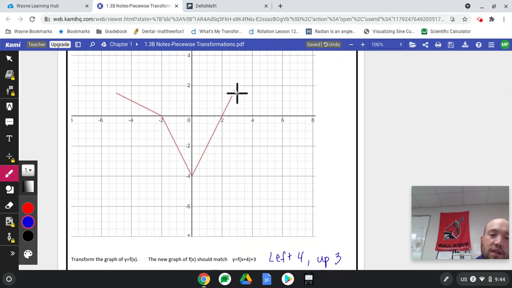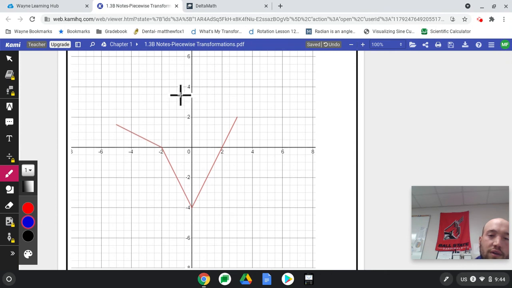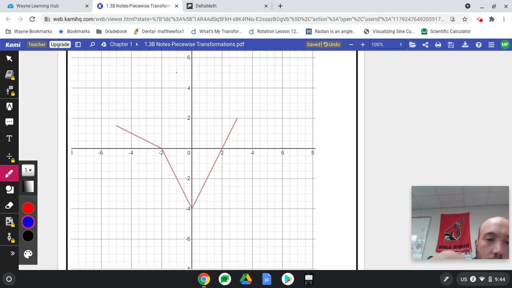So now, once again, we grab any of these points. So we'll start here. Left 1, 2, 3, 4. Up 1, 2, 3. Next, down here, left 1, 2, 3, 4. Up 1, 2, 3. So this one is left 1, 2, 3, 4. Up 1, 2, 3. The final one is a little difficult because you'll notice if I move this point left 1, 2, 3, it goes off.